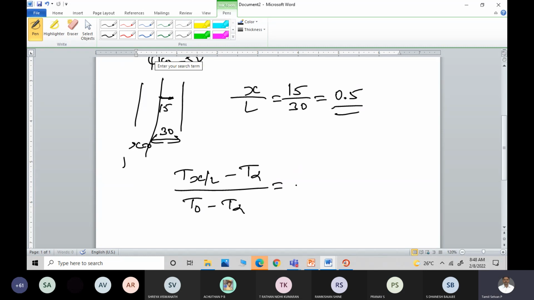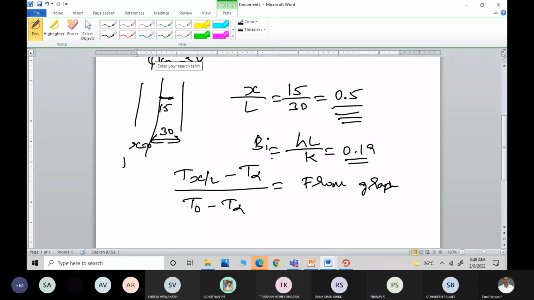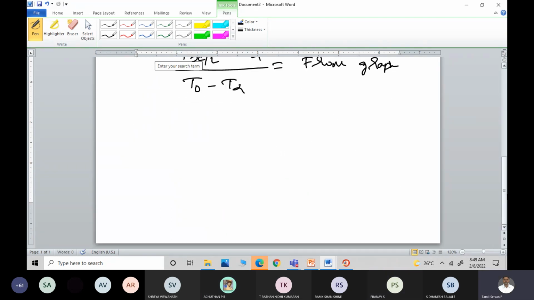So this we have to get from the graph. So x by L is 0.5 and HL by K, the Biot number, is 0.2. So from the graph, find this.